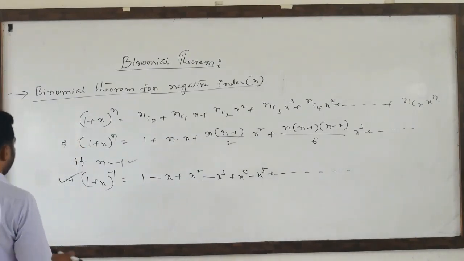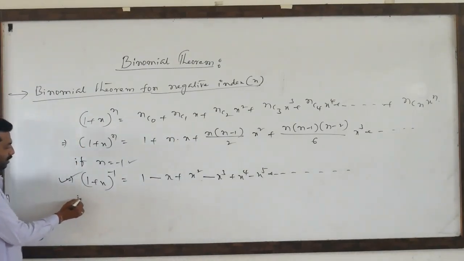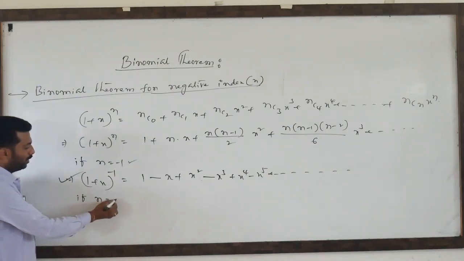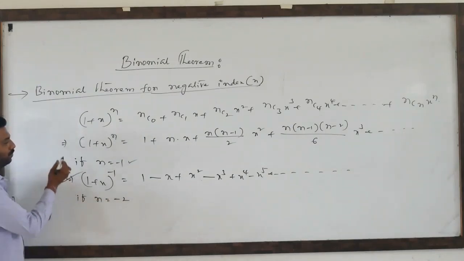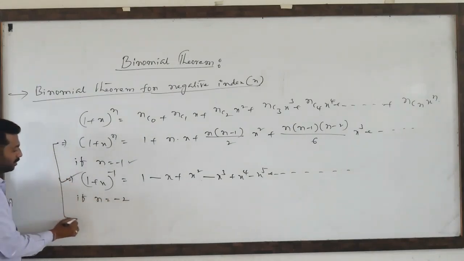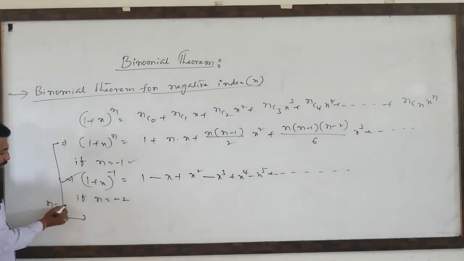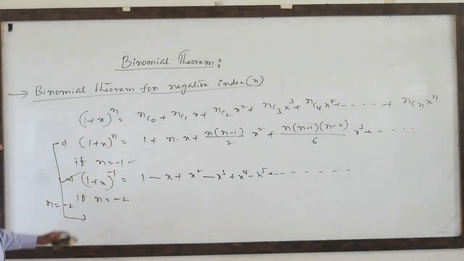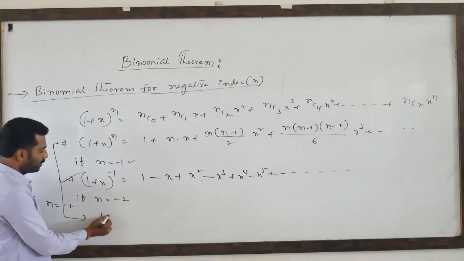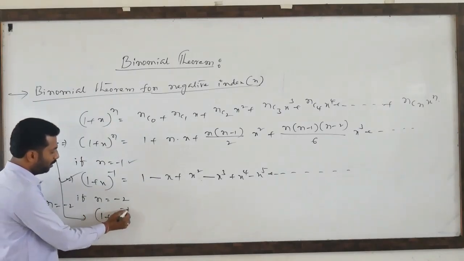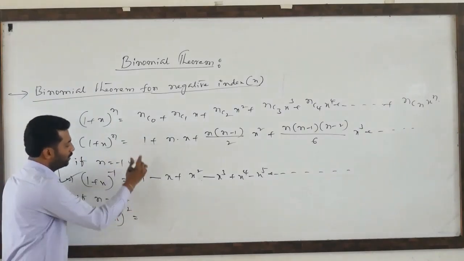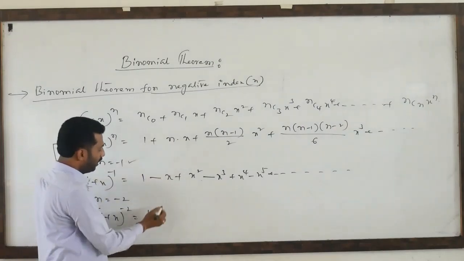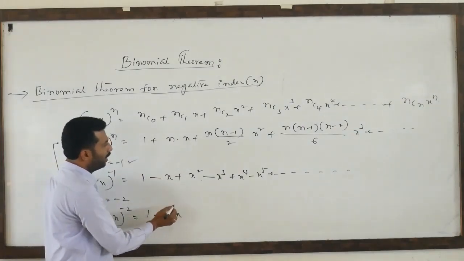In the same way, if I substitute n equal to minus 2, what is the binomial expansion? This is for n equal to minus 2. (1 plus x) whole power minus 2 equals 1, then minus 2x.